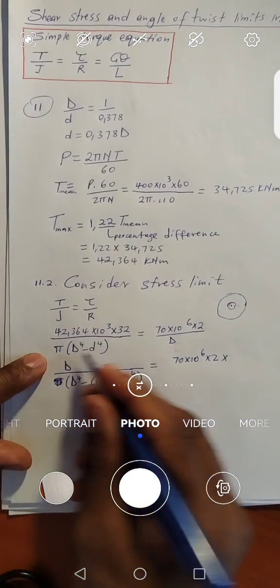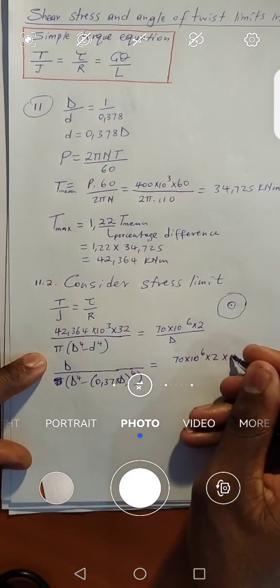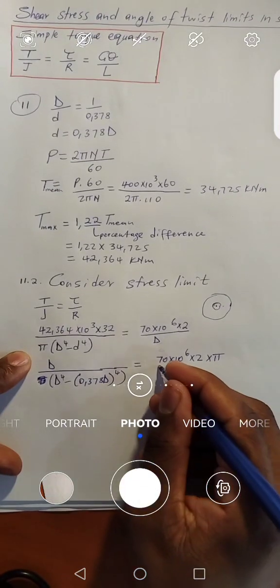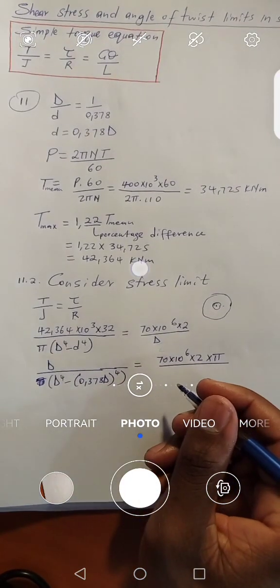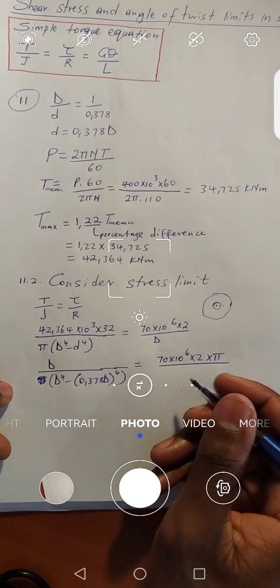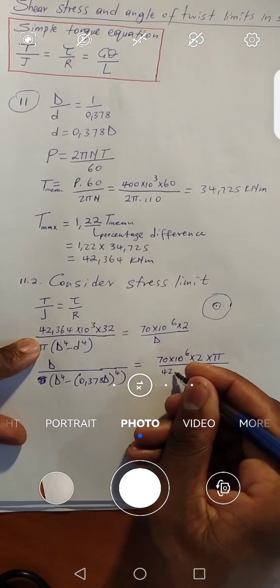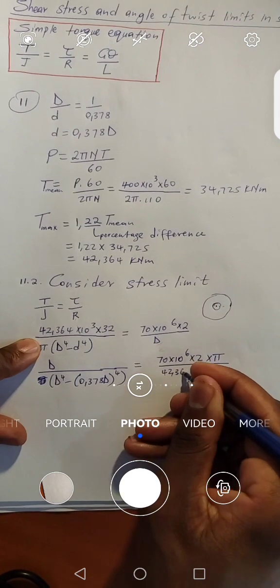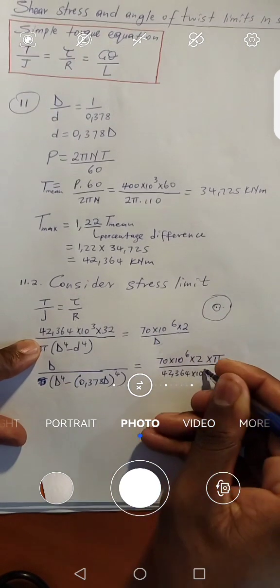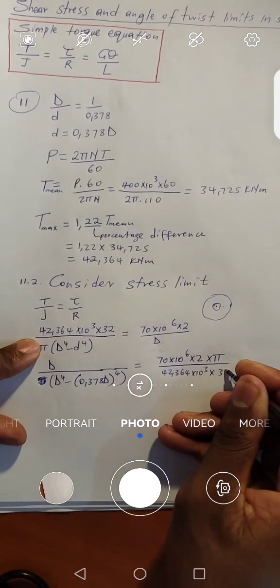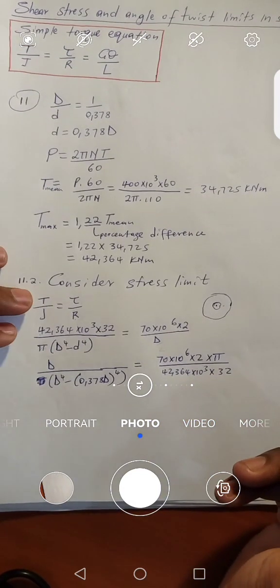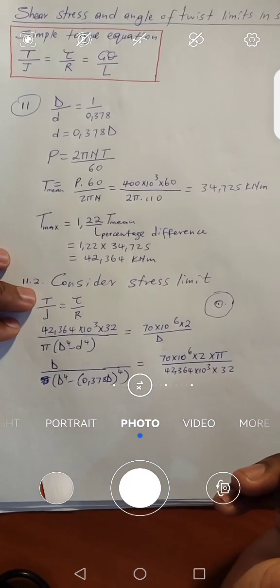I'm going to cross multiply with this pi, multiplied by pi, over 42.364 multiplied by that.